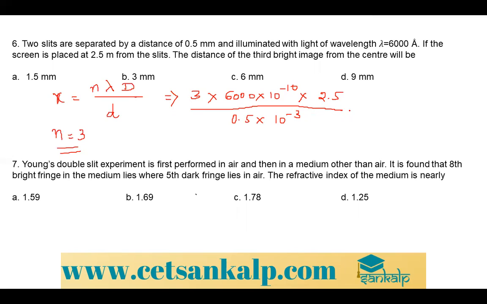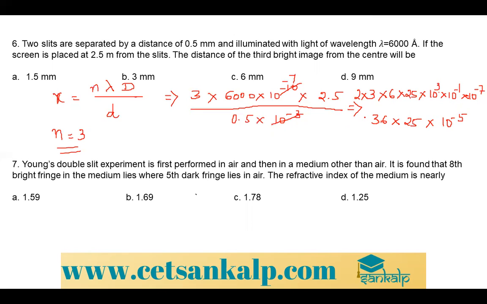So minus 3 goes, and here minus 7 remains. So this becomes 3 into 6 into 25 into 10 to the power 3 into 10 to the power minus 1 into 10 to the power minus 7, whole divided by 0.5, I take it as 1/2. So 2 gets multiplied here. So 36 into 25 into 10 to the power minus 8, this becomes minus 5.